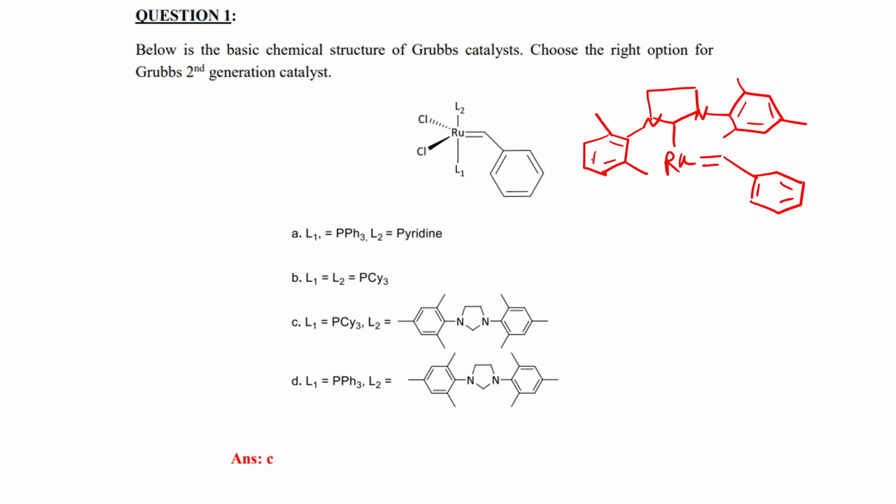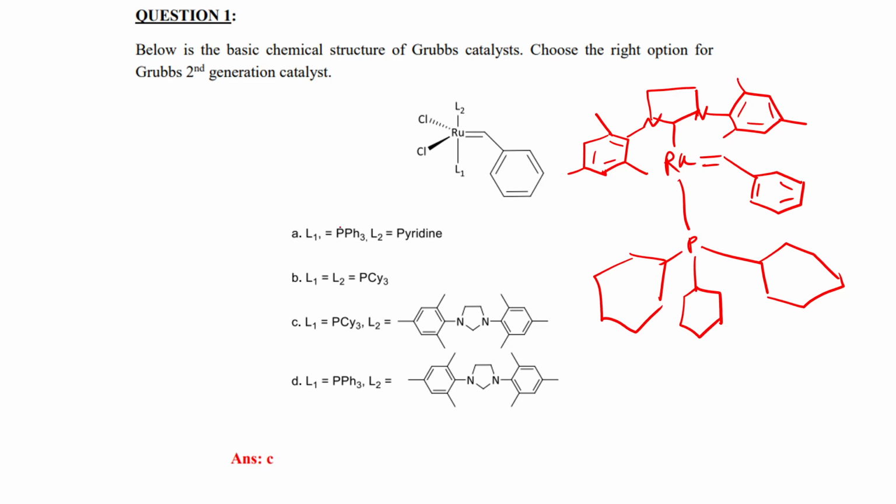So this is your L2. Now for L1, for generation 2, actually tricyclohexylphosphine is used, not PPh3. So L1 would be this particular phosphine base. This is the full structure of your Grubbs second generation catalyst.